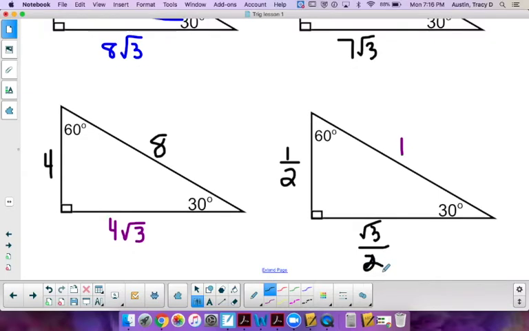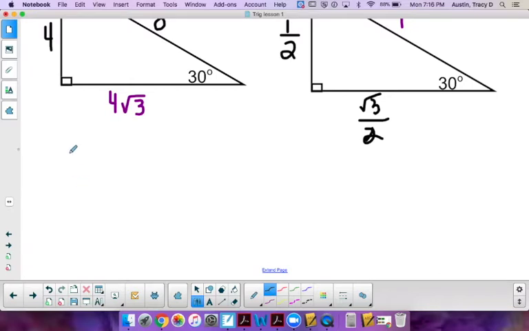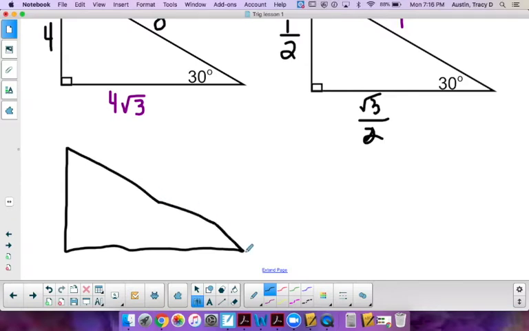Okay, and we're going to do one more, a little bit more complicated, just to make sure you've got it. It's a little bit more complicated because you actually have to divide by the root this time. All right. So there's my 30. There's my 60. There's my 90.